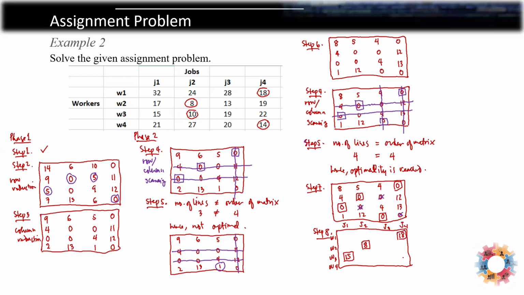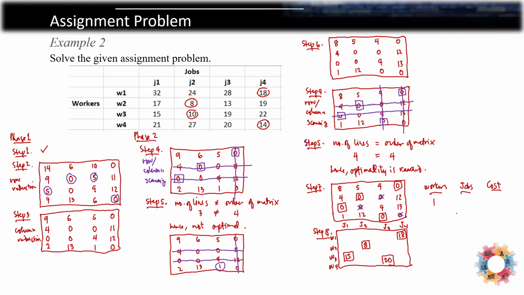And then worker 4 is assigned to job 3. So that's fourth row, third column, and that corresponds to 20. So to summarize, we have workers, jobs, and then cost.